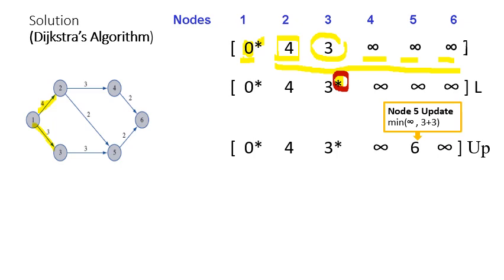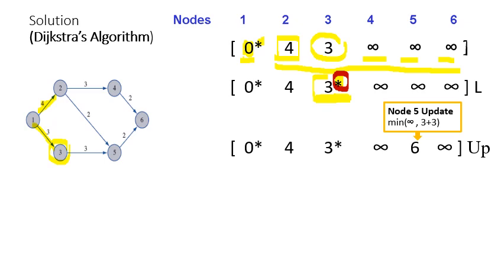Now, after we label a node, we need to do the update step. So what do we need to update? Well, the last time you put this asterisk, making this node label permanent, now you need to check. This number 3 corresponds to node 3. Once you are reaching node 3, you need to check which nodes you can reach from node 3.